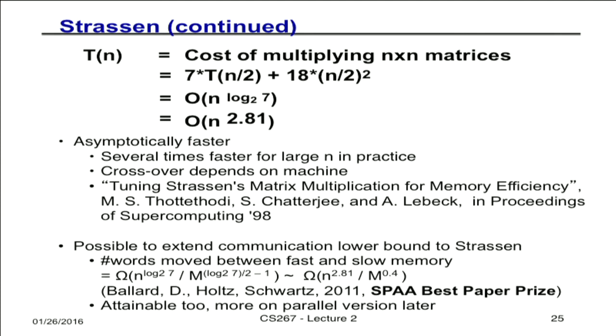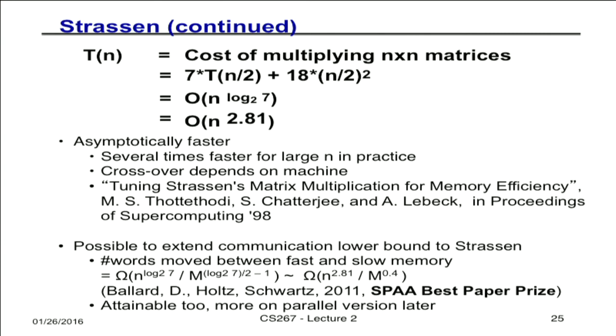The cost of multiplying an n by n matrix using the Strassen algorithm is 7 times the cost of doing one that's half the size, half the dimension, plus 18 adds, operations on matrices that have half the dimension, so (n/2) squared. It turns out that works out to n to the log base 2 of 7, or n to the 2.81.